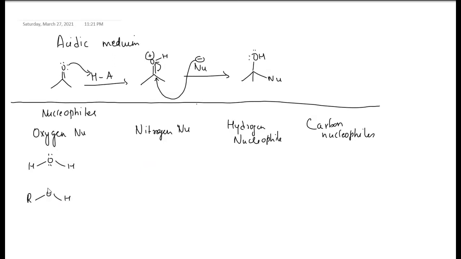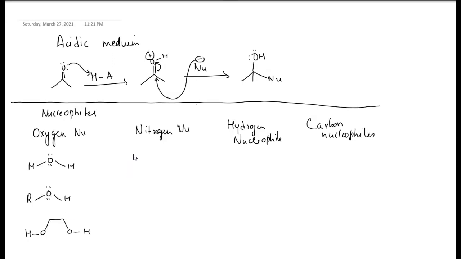Under this heading of oxygen nucleophiles, oxygen is the attacking atom onto the electrophilic carbon center. One more example is again an alcohol, but it is a diol, so we have two OH groups attached to the same molecule.